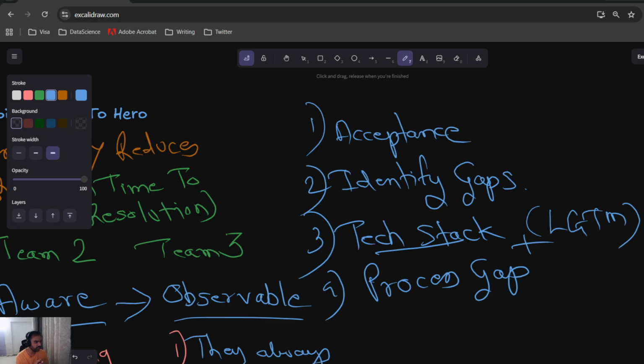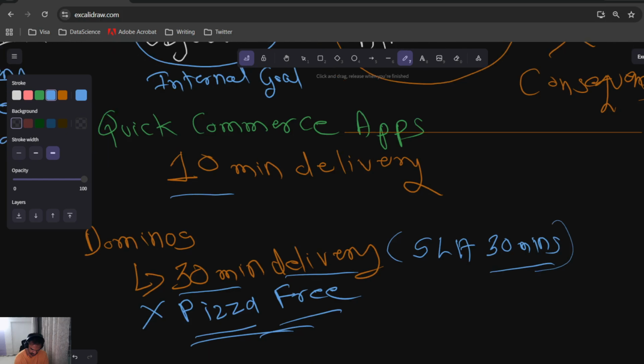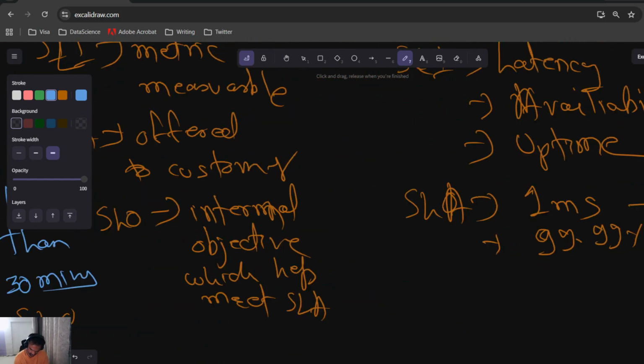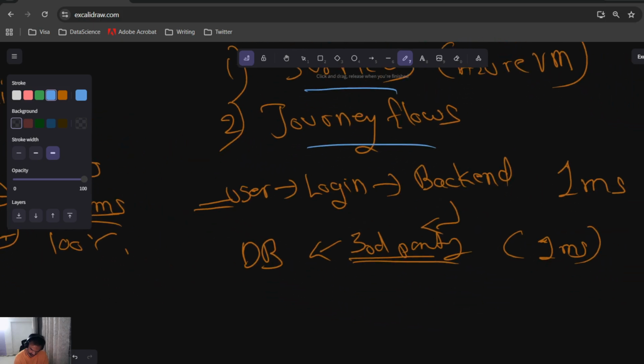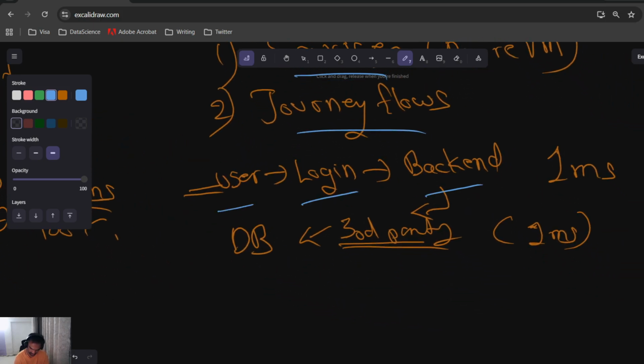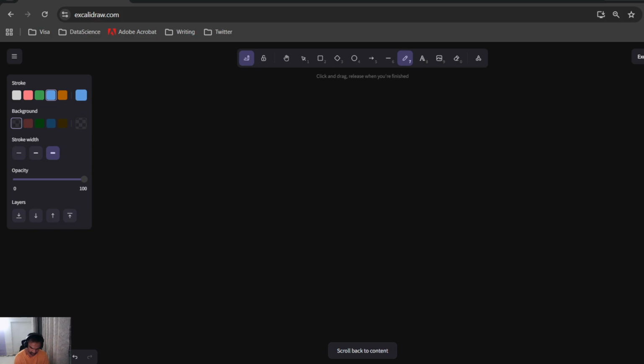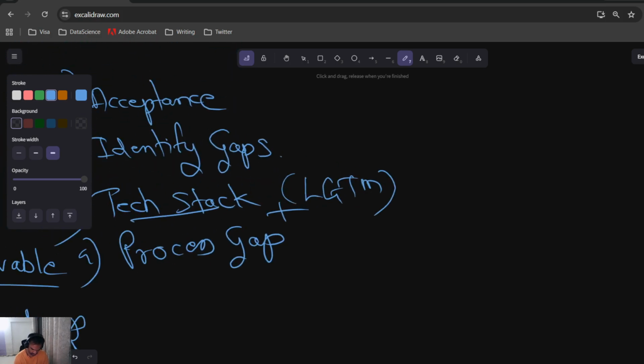No matter how fancy your tech stack is, if the logging itself is not meaningful, it doesn't tell you that the database is slow, or there's a timeout, the error messages are not clear, or there is no correlation in the distributed tracing, right? So in this example which I mentioned, the user login, backend, third party DB, if the logging is not correct in any of these steps, there is no point having the LGTM stack. Okay, so observability is not here.